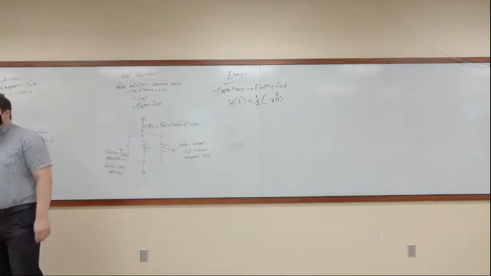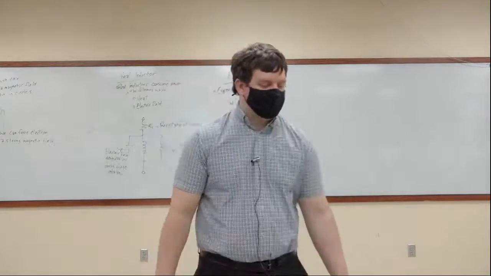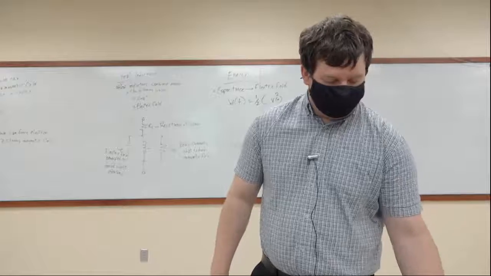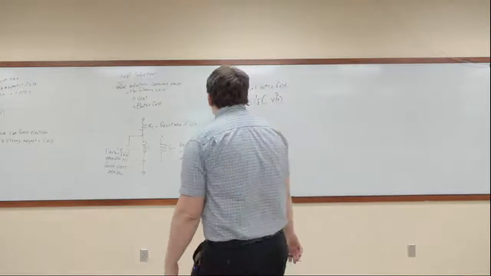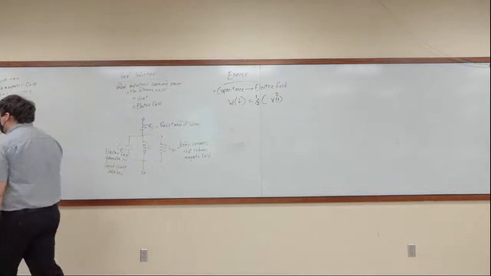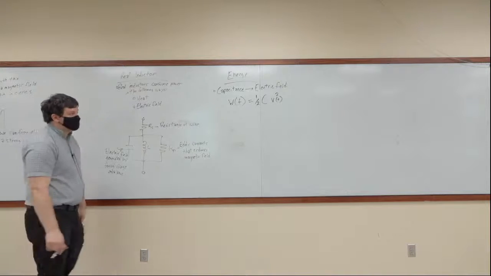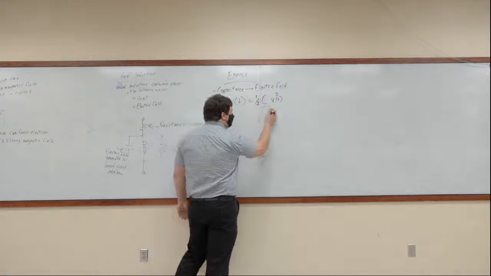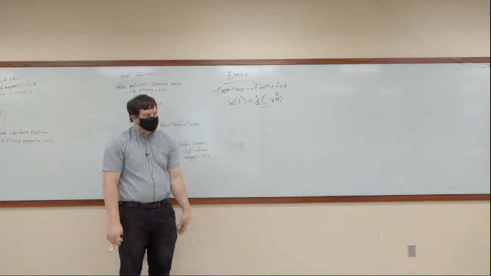Now do note here that we can use our relationship between V and Q to identify another energy equation, both of which are given in your book, both of which I suggest you write down as a part of your equation sheet because they are important equations. This is only true for capacitance, again, because it has a capacitance in it. If you have a component that doesn't have a capacitance, it's not going to abide by this equation, okay?